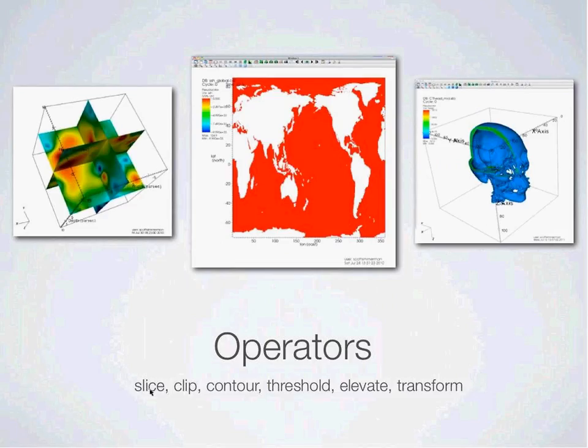Then more things like slicing, clipping, taking tours, threshold, elevated data. So this is where you take your original data and apply an operator, and then your resulting subset of the data is whatever plot you choose.